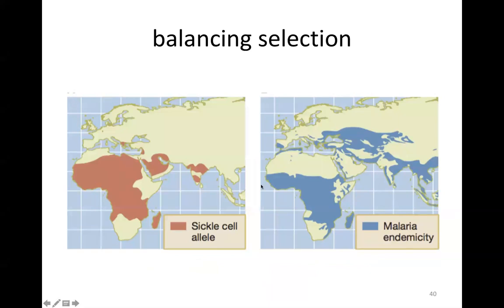Just briefly, you already know this, that we have good examples of overdominance, heterozygote advantage.